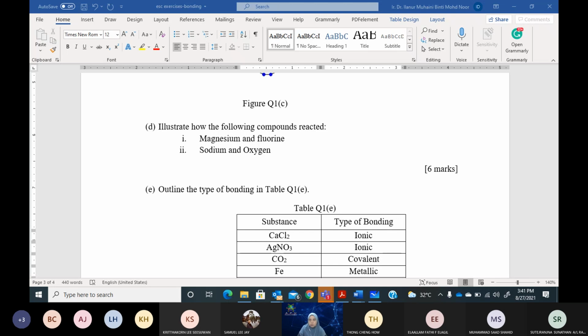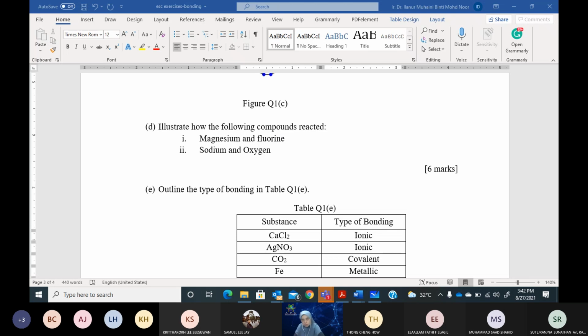So Teranja already gave the answer. Sodium has one valence electron. Sodium donates one valence electron to achieve a stable octet electron arrangement.